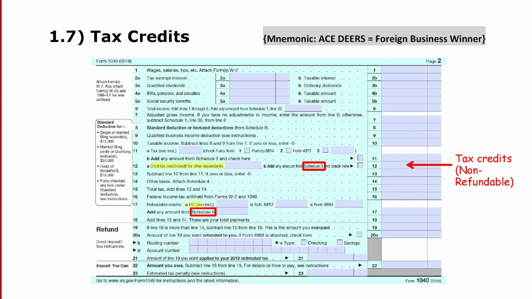Line number 17 gets included in line number 18, which says add lines 16 and 17. So draw an arrow from line 17 down to line 18, which is the line for total payments.